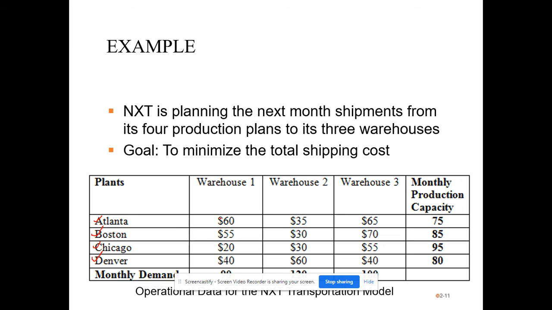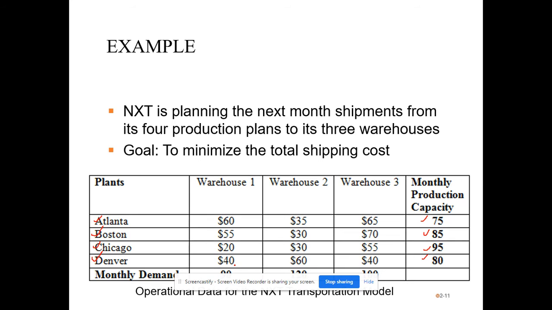And you can see the shipment cost. And of course, Atlanta monthly production capacity is 75, at Boston 85, at Chicago 95, at Denver 80. Similarly, monthly demand from the warehouses is given here: 90, 120, and 100.